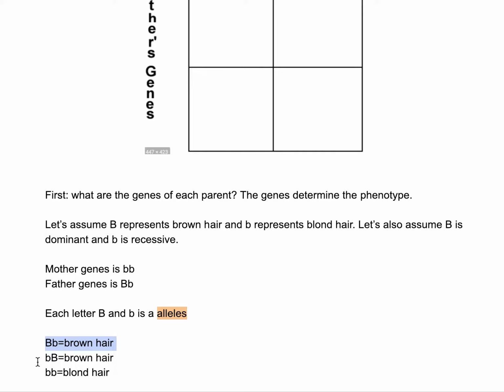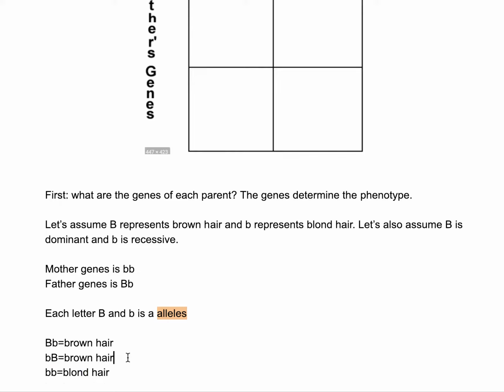If his genes were lowercase b, uppercase B, his hair would still be brown because uppercase B wins. It's the dominant trait. Mom's hair, on the other hand, is blonde because she has both lowercase b's and they are both recessive, so she just gets blonde hair.